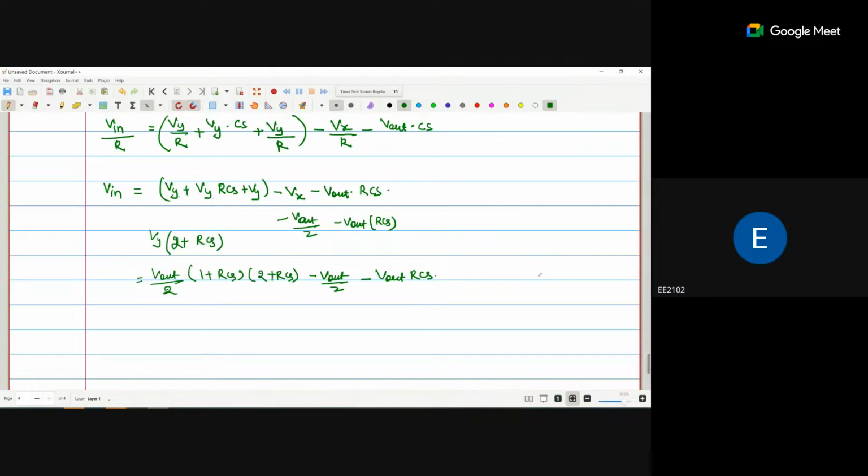That is equal to V in. So V in is equal to, now taking V out as common, (1 plus RCS)(2 plus RCS) divided by 2, minus 1 by 2, minus RCS.